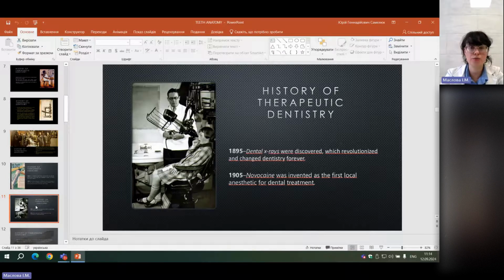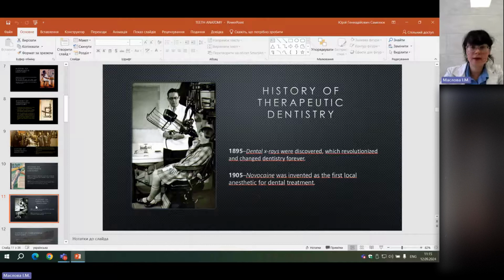Dental x-rays were discovered, which revolutionized and changed dentistry forever. Before the development of x-ray investigation, the dentist and other doctors could not understand or see the processes under the gums in the bone.